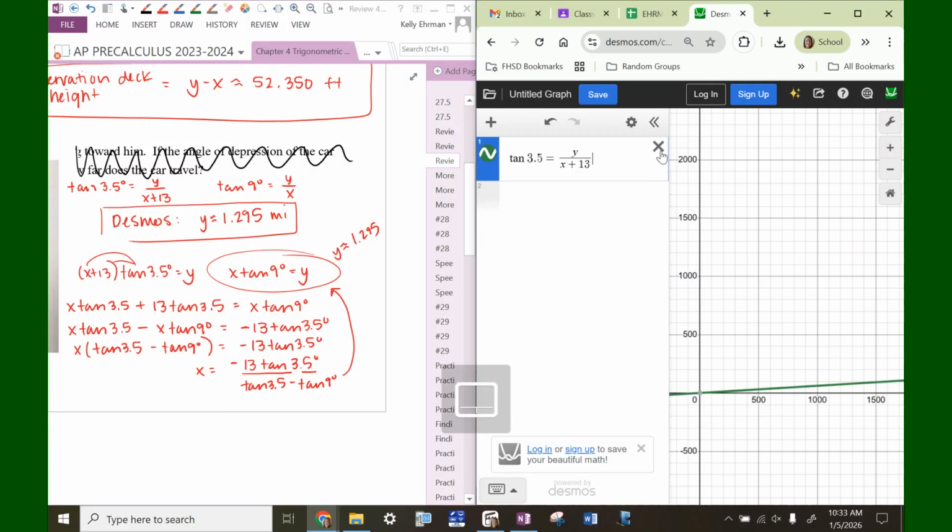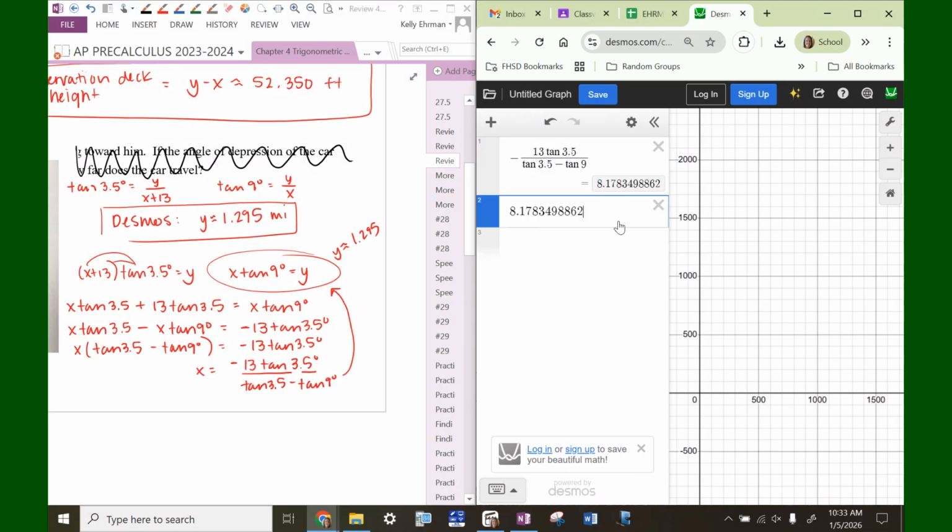Okay, so I'm going to carefully type in negative 13 times the tangent of 3.5 divided by tangent of 3.5 minus tangent of 9. This is my answer for x. I want to take this answer, copy, paste, and multiply it by the tangent of 9 degrees, and I get 1.295. So I do get the same answer.